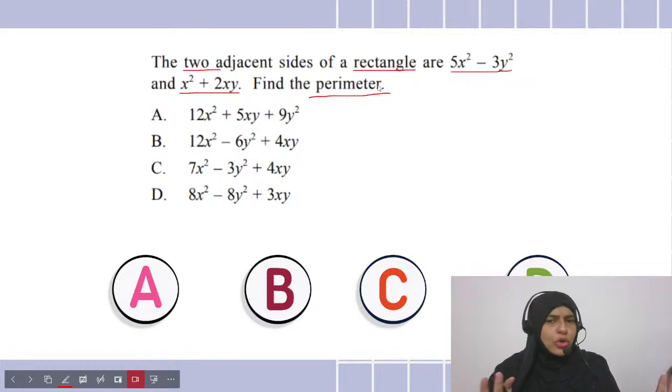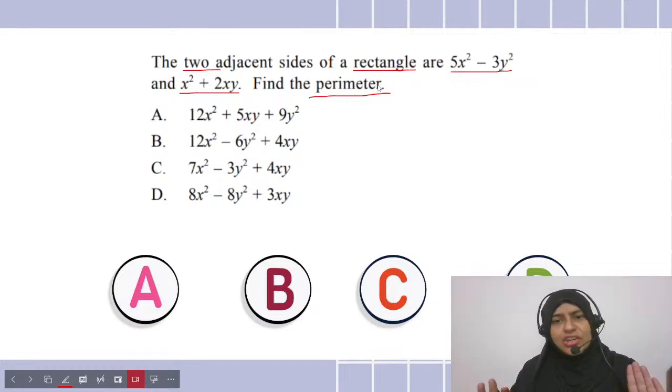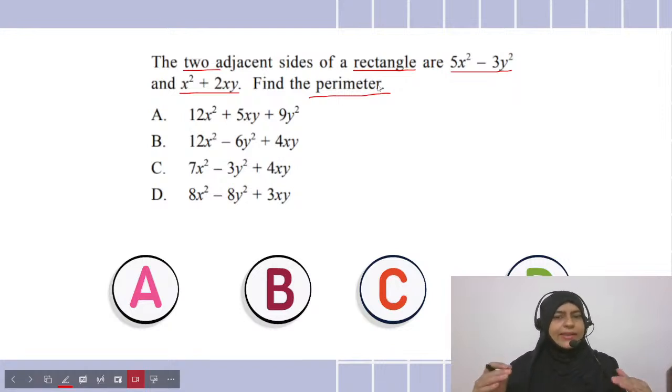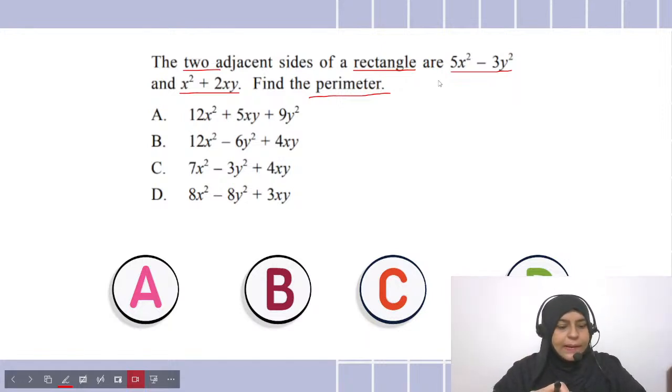We all know the perimeter of a rectangle is really simple, right? A rectangle is a quadrilateral and its opposite sides are equal, right? But here the sides are not given in numbers. The expressions of the sides are given. So don't worry about it. If expressions are given, you need to apply the same concept.